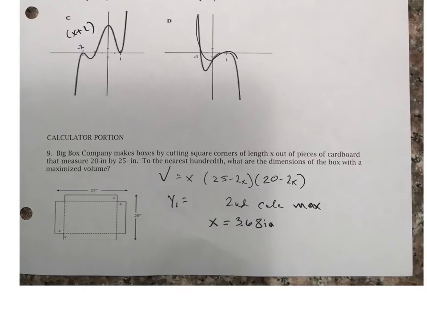And then when you plug the 3.68 back into here, you just have to do the arithmetic yourself. So 25 minus 2 times 3.68, we get 17.64. These are in inches. And then 20 minus 2 times 3.68 gives us 12.64 inches.